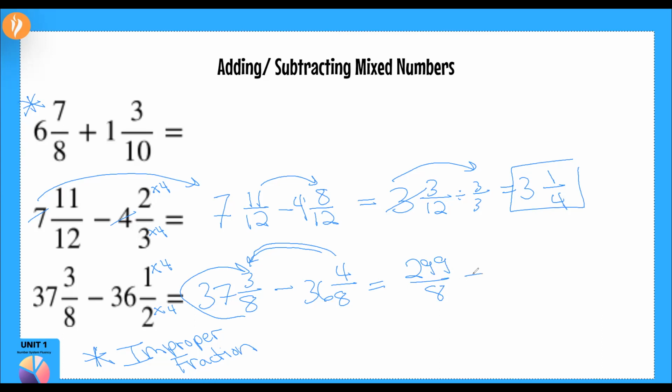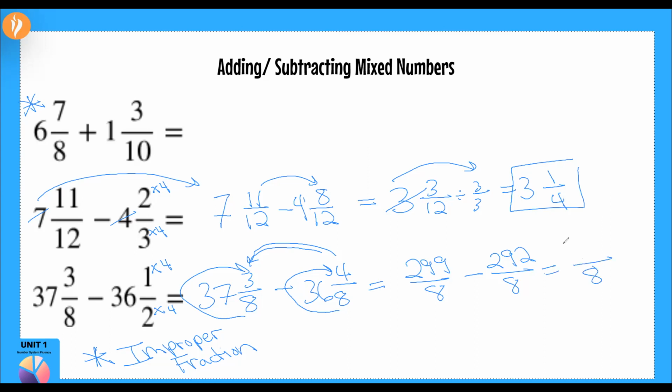And we're going to subtract that from, here we're going to go around the world. So we're going to multiply 36 times 8, which is 288, plus 4 is 292. 292 over 8. And now our denominators are the same.